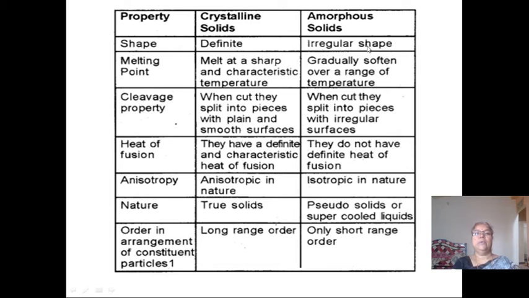In amorphous solids there is an irregular shape. Regarding the melting point, crystalline solids have sharp and characteristic melting points, and amorphous solids gradually soften over a range of temperature. That means there is no sharp melting point. Then the cleavage property.